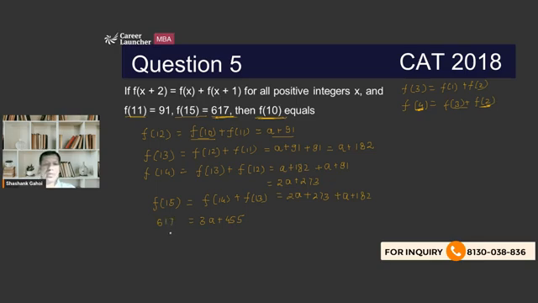So 3A comes out to be 162. From here I can say that A comes out to be 54. And what is A? A is the value of F10 that we have assumed initially. So I am directly going to get the value of F10, and that is equal to 54.